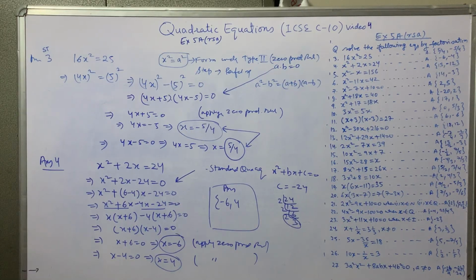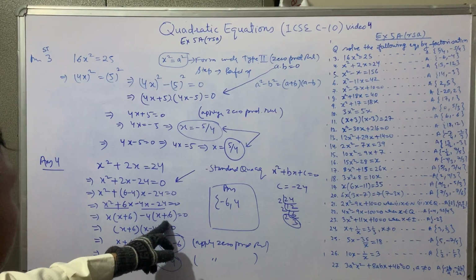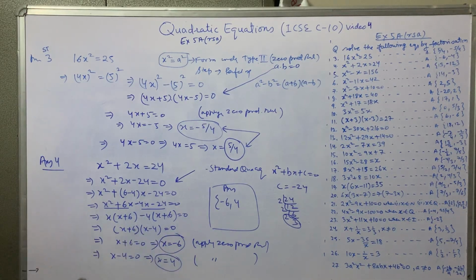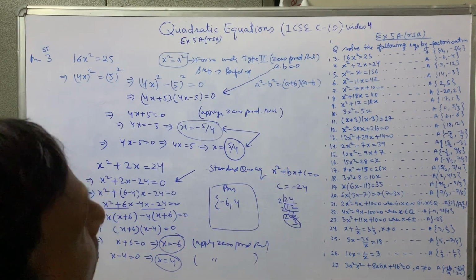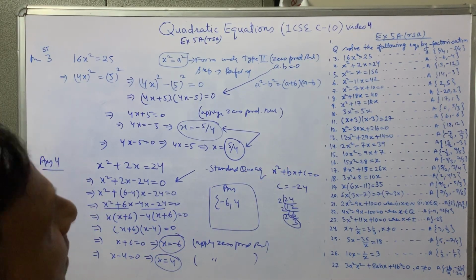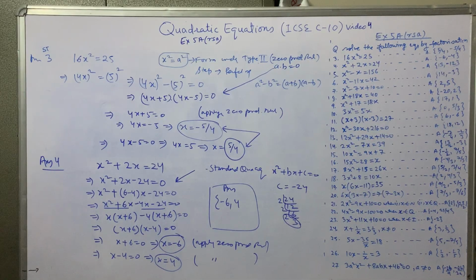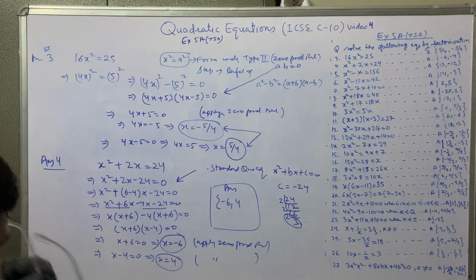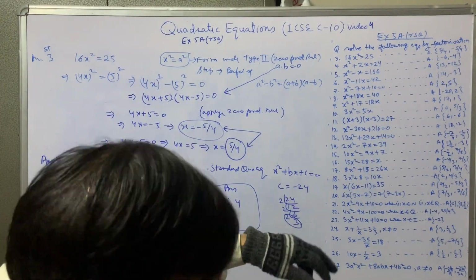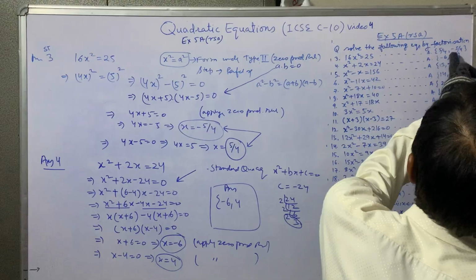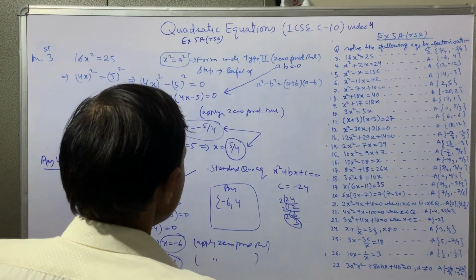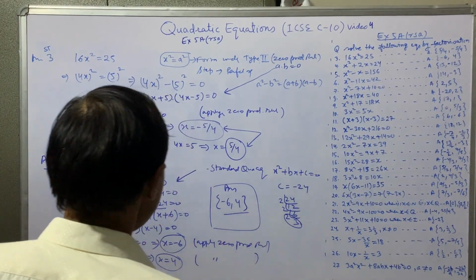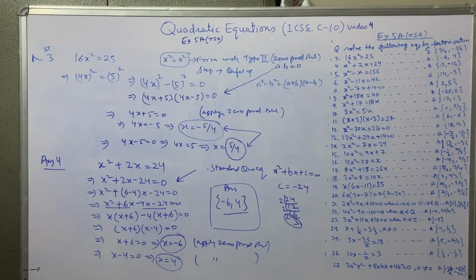Then where is the error? It isn't an error, because the answer there is minus 6 and minus 4. Students, this was not minus 4 here, it was plus 4. Correct it. So we got the perfect answer here, perfectly matching with the textbook answer.